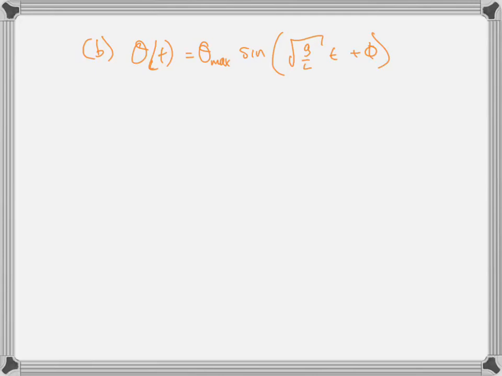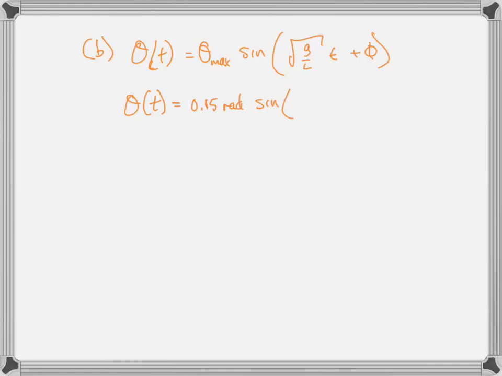We've evaluated everything. That's the point, we needed to go ahead and evaluate everything. So theta as a function of time is equal to 0.15 radians times the sine. That's the maximum displacement from equilibrium times the sine.